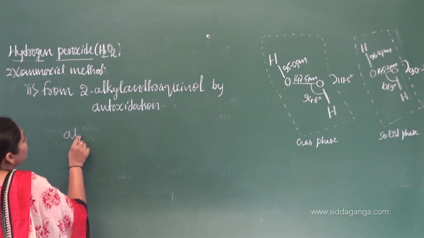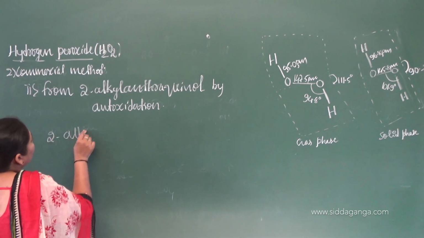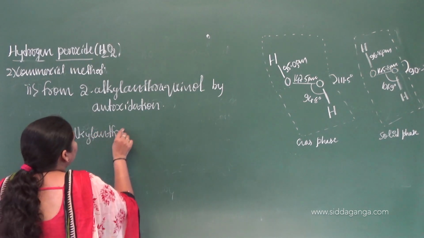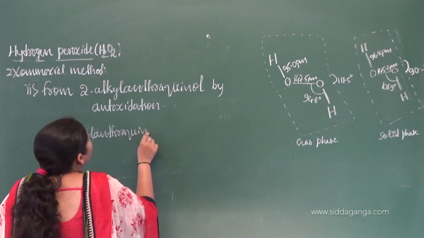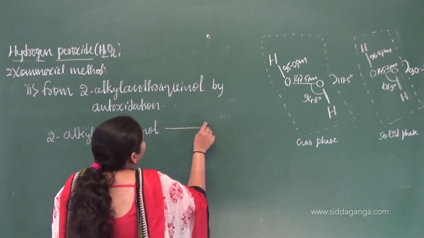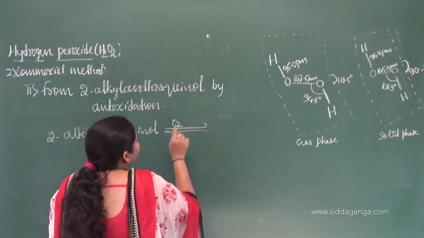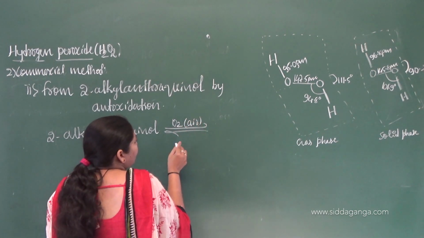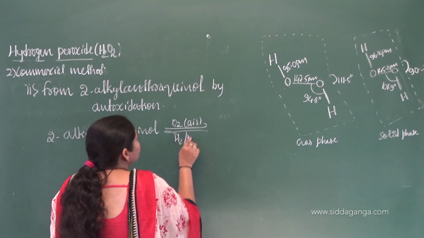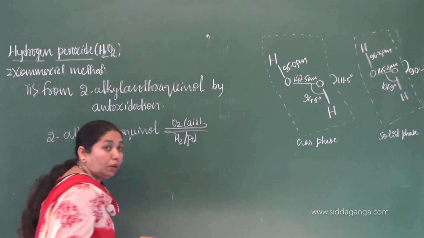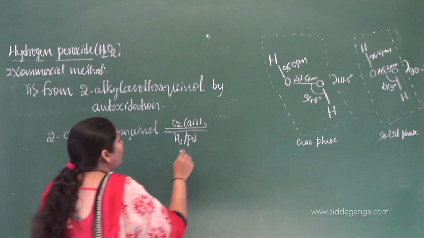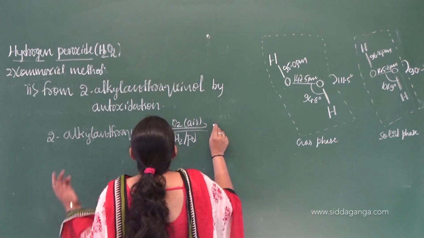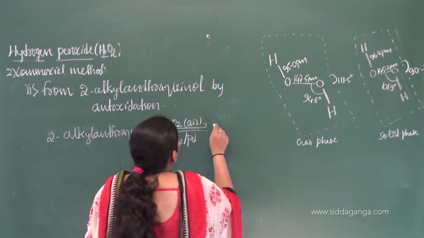So the reaction is, say, 2-alkyl anthraquinol. When it is subjected to oxidation, that is in the presence of air, it is reversible. So hydrogen, in the presence of palladium, supported over palladium catalyst. So what are you going to get? Anthraquinol will be converted into anthraquinone.